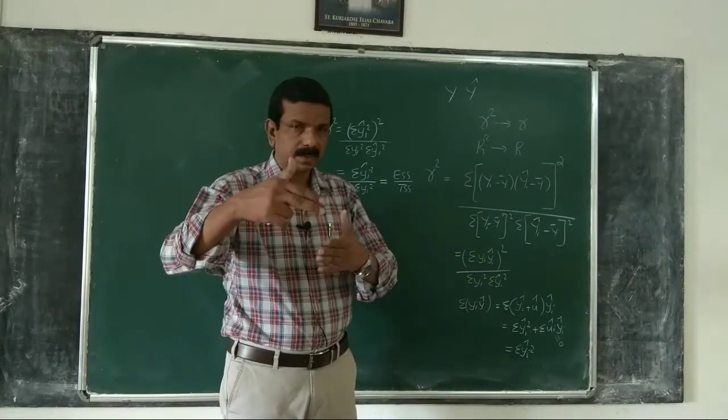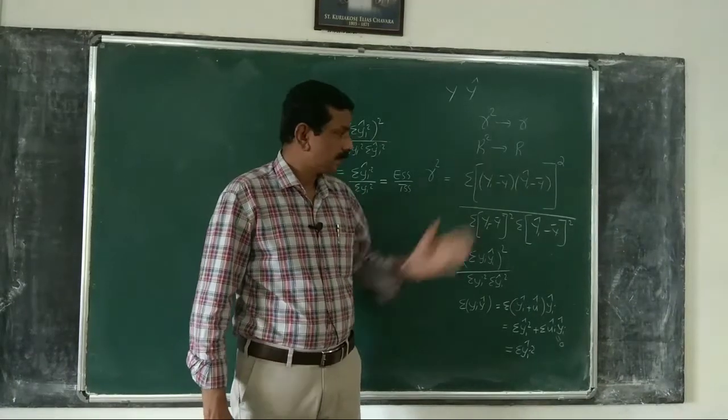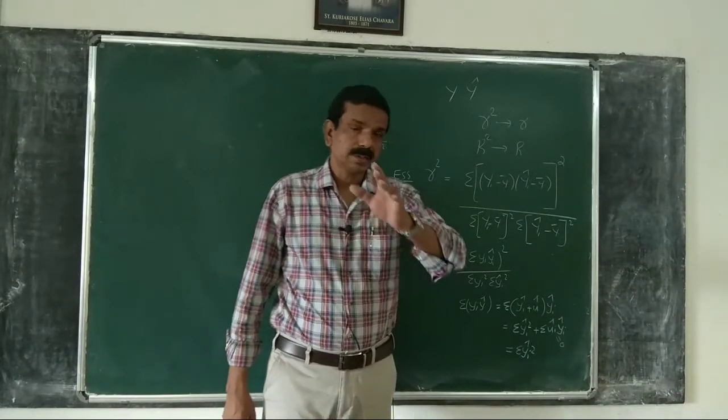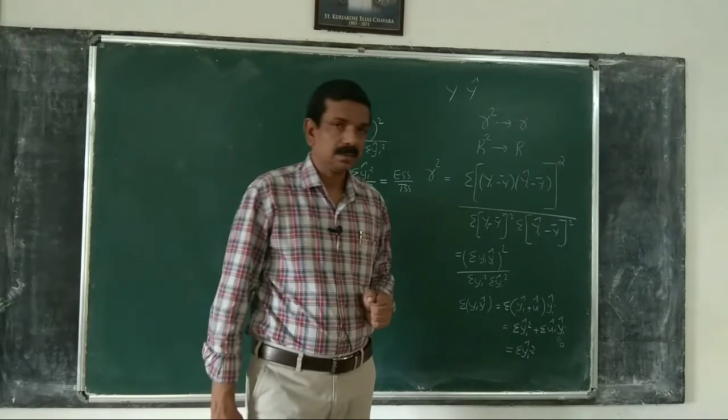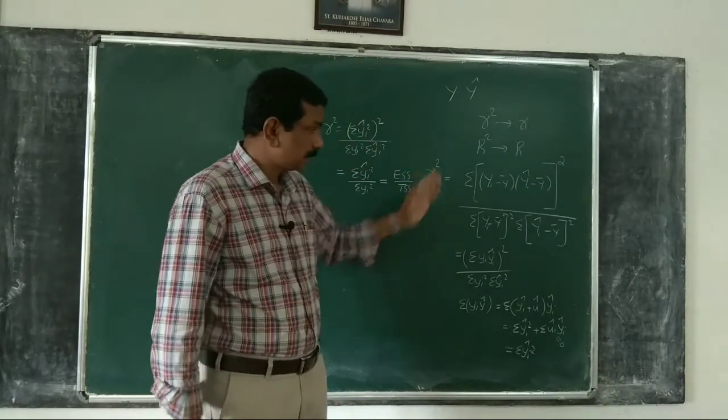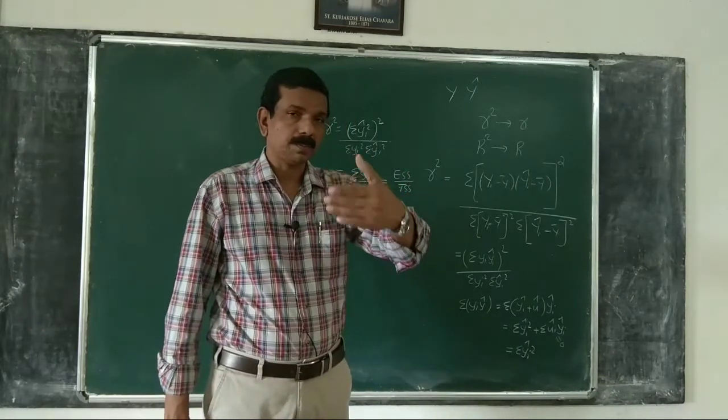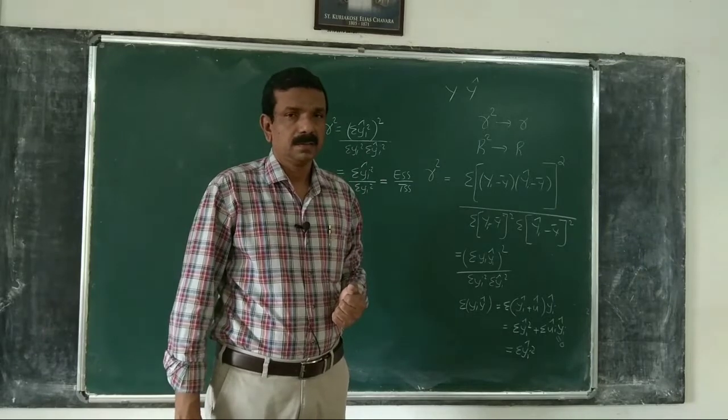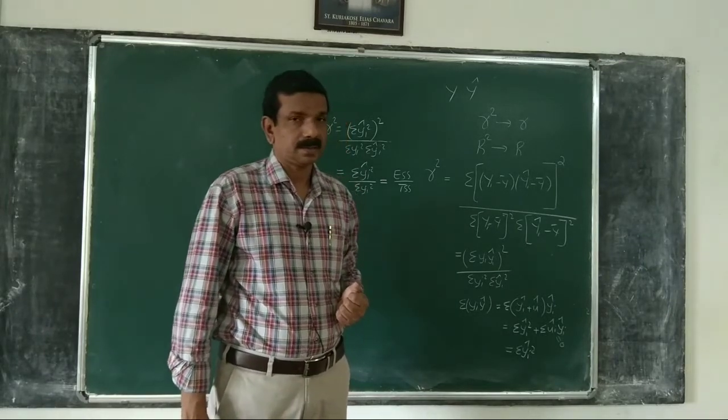The interpretation of R is a measure of linear association between variables, whereas R square is the proportion of the variation in y explained by variation in x.